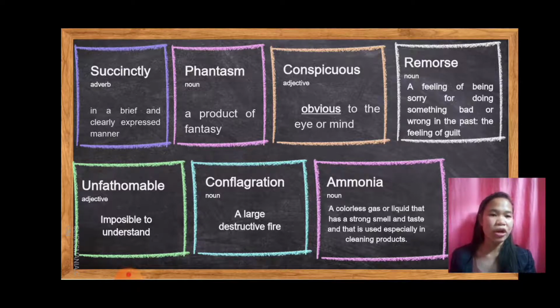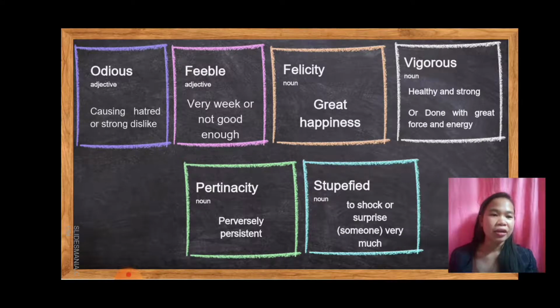Next is ammonia, a colorless gas or liquid that has a strong smell and taste, and that is used especially in cleaning products. The next vocabulary is odious, causing hatred or strong dislike. Next is feeble, very weak or not good enough.